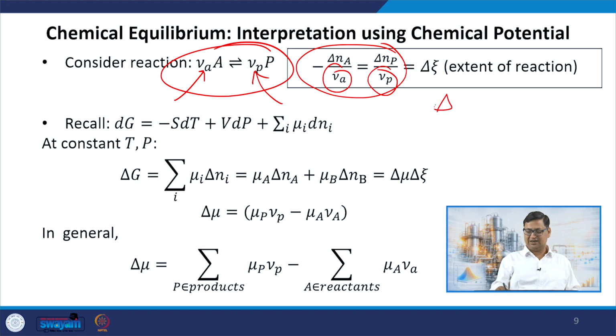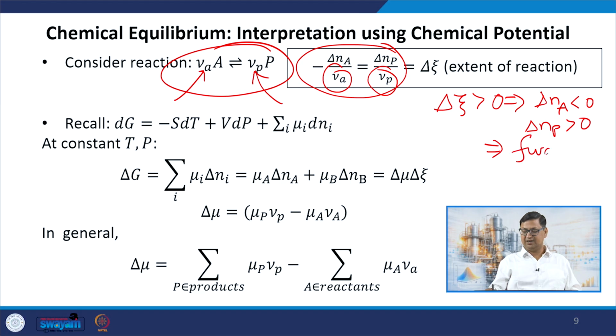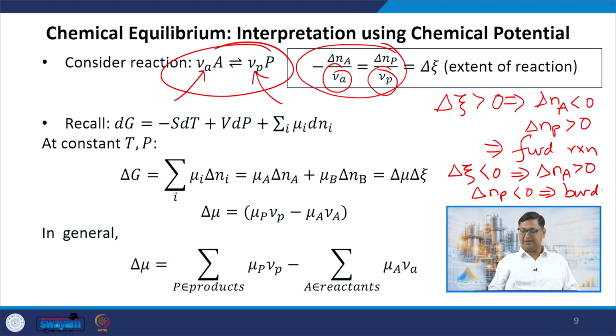If this delta zeta is higher than 0, that means my delta Na is less than 0 and delta Np is higher than 0. This means we have a forward reaction. On the other hand, if delta zeta is less than 0, then the opposite happens: delta Na higher than 0, delta Np less than 0, and what we have is a backward reaction.